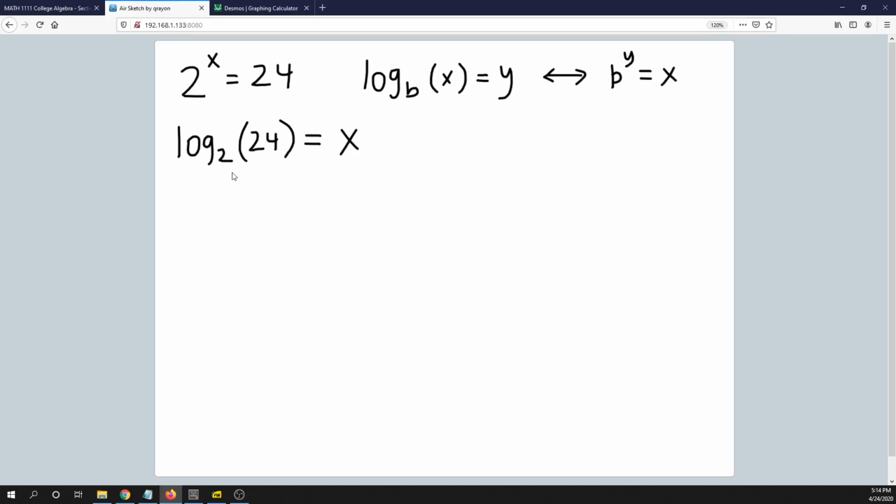If you are only using your calculator though, there is an issue. Your calculator only has either base 10, which is log, the common log, or base e, which is the natural log. So if you don't have access to Desmos and only your calculator, and you want a decimal answer, you would have to do something else. There's a couple things you could do, so let's talk about how to do those.